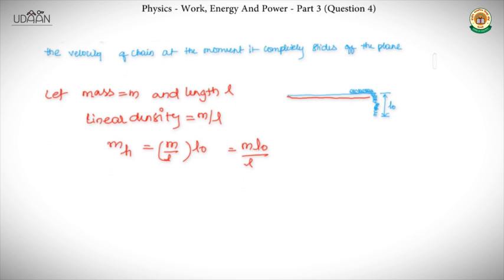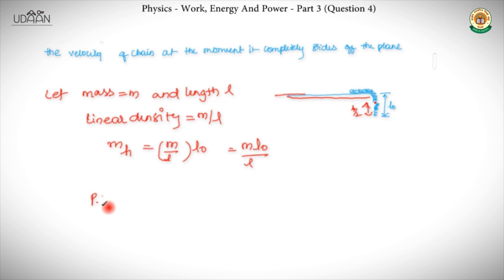In this sort of question, for finding potential energy we take the center of mass of the part of the chain hanging. The center of mass will be at L by 2, but as we are taking this level as the zero potential energy, it will be minus L naught by 2, like taking this as the coordinates in coordinate geometry.